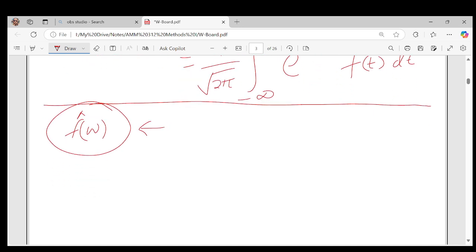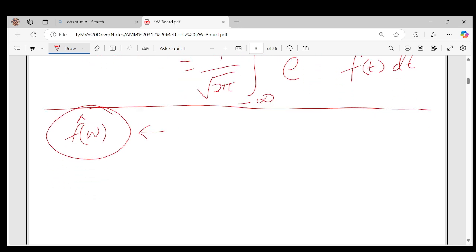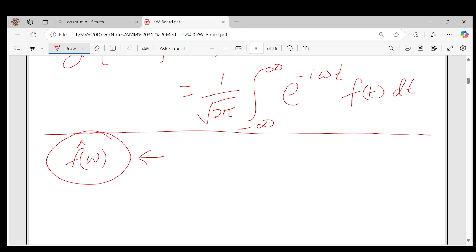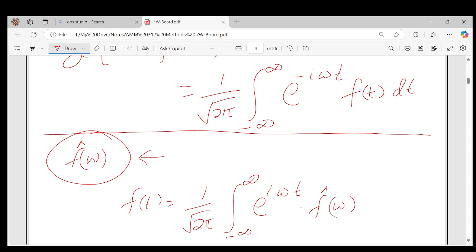So the Fourier inversion formula is similar to the Fourier transform formula itself. So we write f of t is 1 divided by the square root of 2 pi, integral from minus infinity to infinity, e raised to power i omega t times f hat omega. Then we integrate with respect to omega.